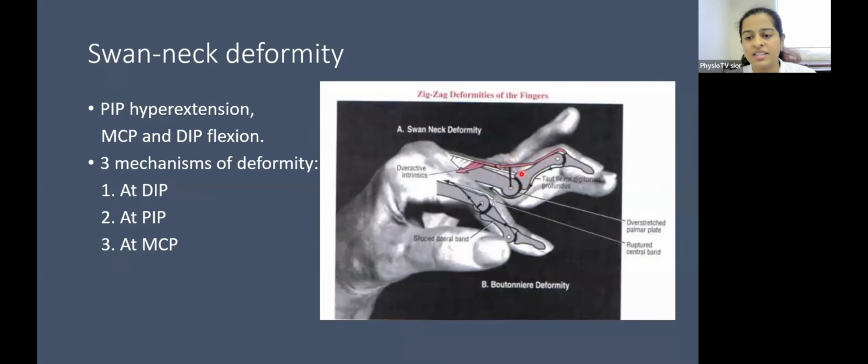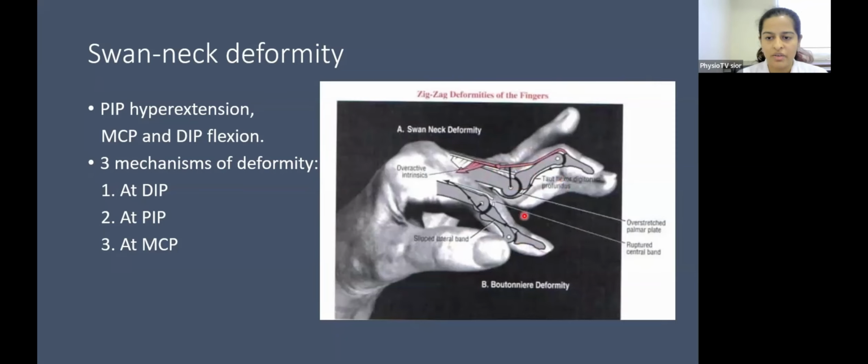This causes hyperextension at the PIP, since the action of the central tendon and lateral tendon was extension at the IP joints. This causes further volar laxity or overstretching of the palmar plate and further increases the hyperextension at PIP. And as a compensatory mechanism, there is flexion at the MCP joint, since there is loss of flexion at the PIP joint.